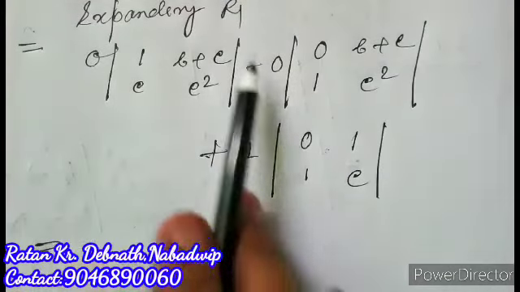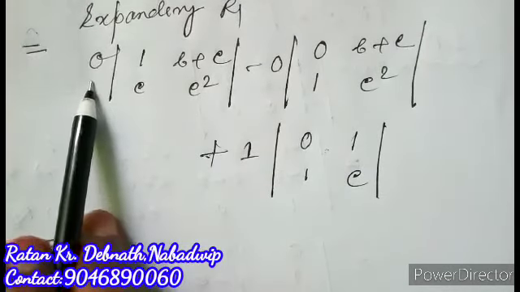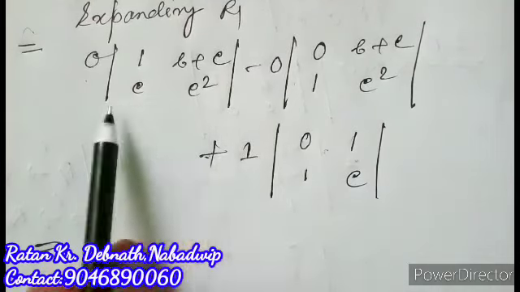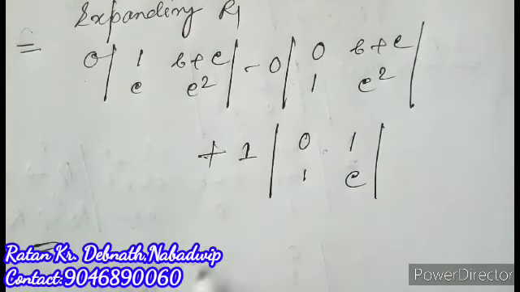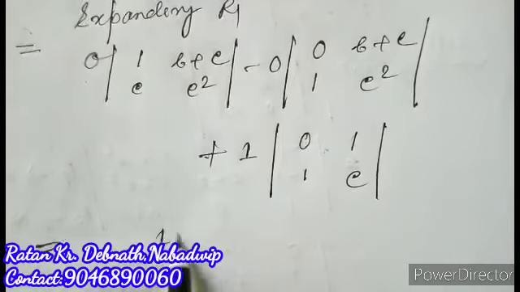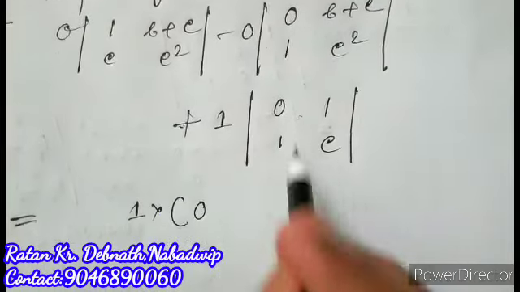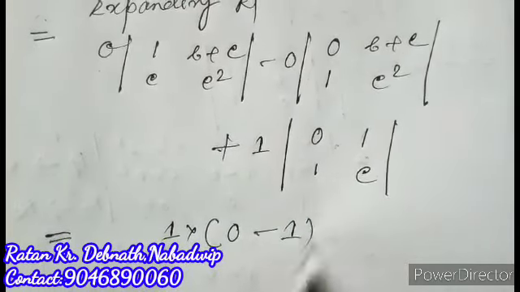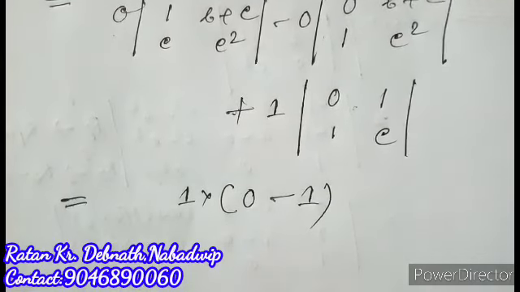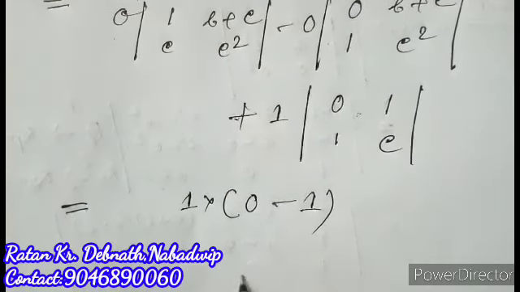It is not required to show this because there is 0, there is 0, so we get nothing from these two. The third one is 1 into 0 minus 1, that is minus 1.